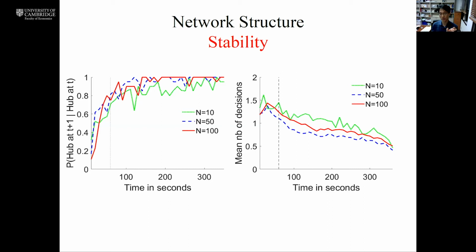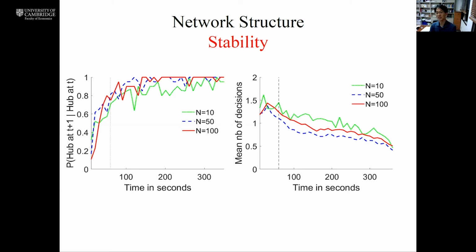That's the first 1 minute practice period. The hubs are quite unstable at the very beginning, but from the beginning of the real games, at the end of the first minute, in all 3 experiments, a hub in one time interval remains the hub with 80% probability in the next time interval of 10 seconds. And this stability increases over time, as you can see.